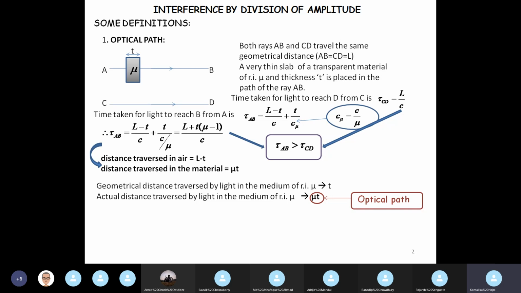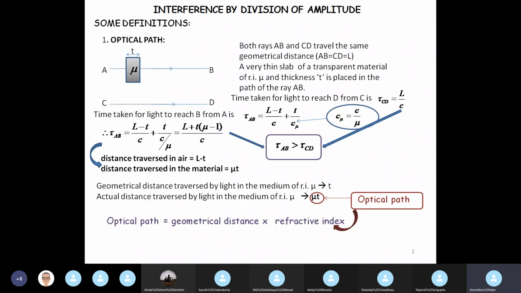of the medium. So when we do the different applications of interference by division of amplitude, we will have to keep this in mind, because we will encounter light traveling in different media. So when the light is traveling in a medium of refractive index mu, we cannot take the path traversed by the ray of light as just the geometrical length, but geometrical length multiplied by refractive index.